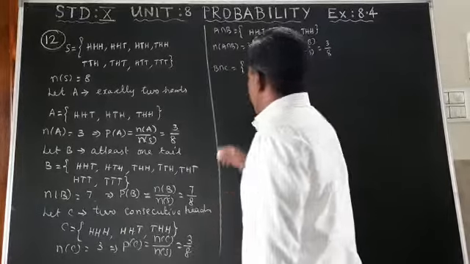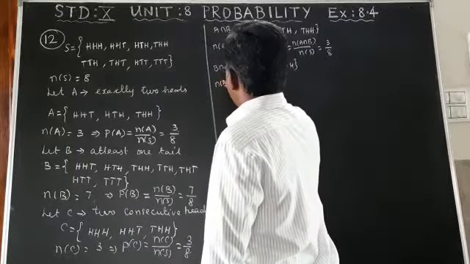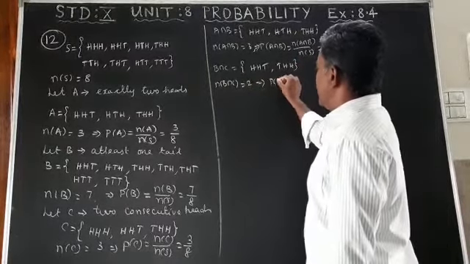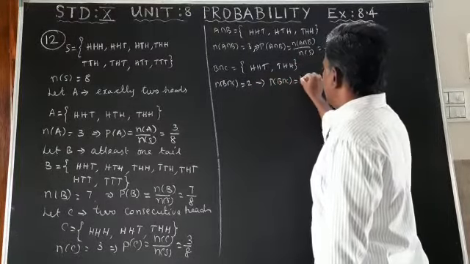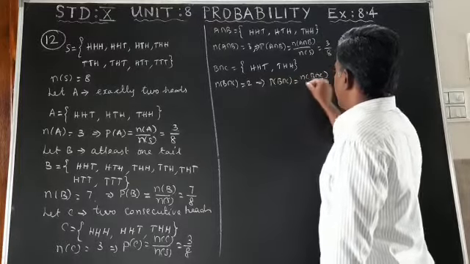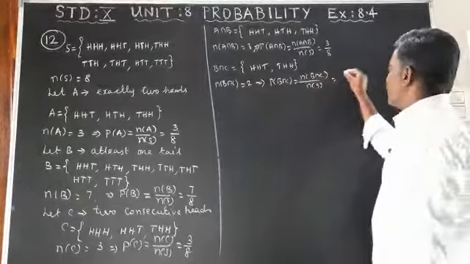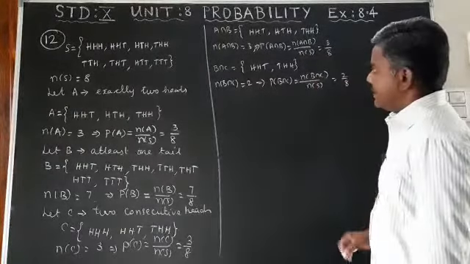That's all. Then n of B intersection C is equal to 2. P of B intersection C is equal to n of B intersection C by n of S, 2 by 8.